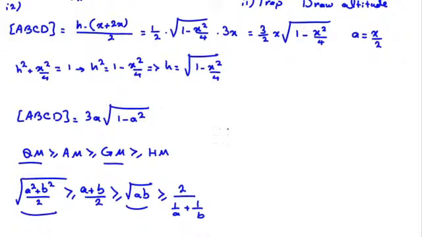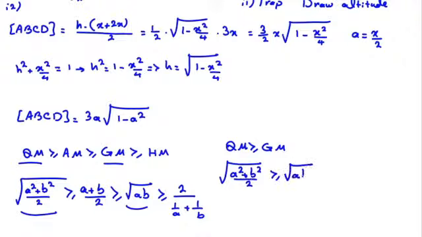By QM GM, we know that the square root of a squared plus b squared over 2 is greater than or equal to the square root of ab.